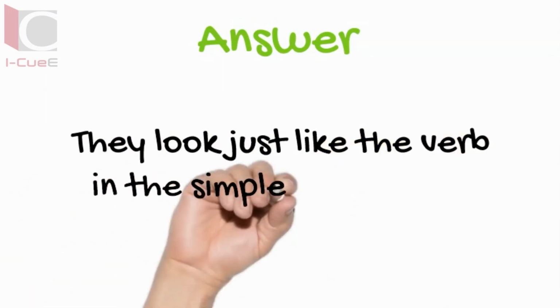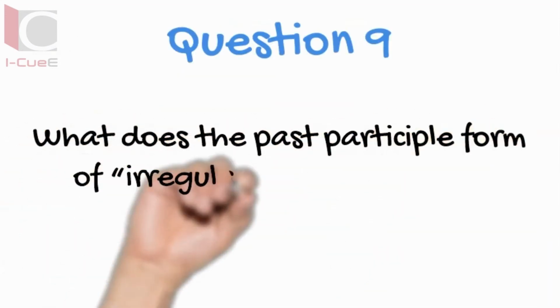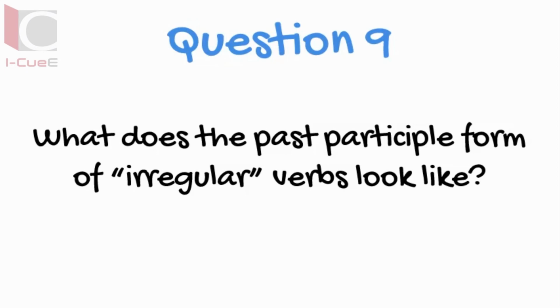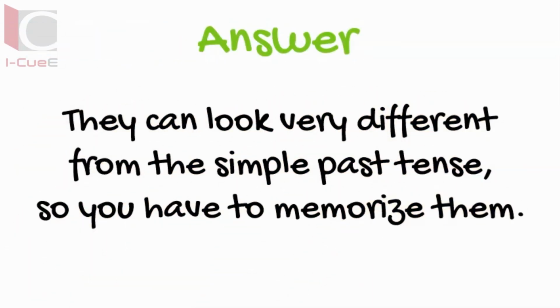They look just like the verb in the simple past tense. What does the past participle form of irregular verbs look like? They can look very different from the simple past tense, so you have to memorize them.